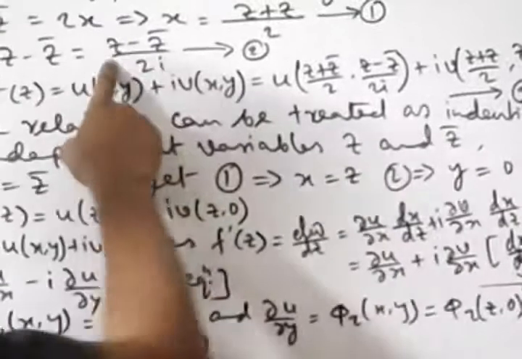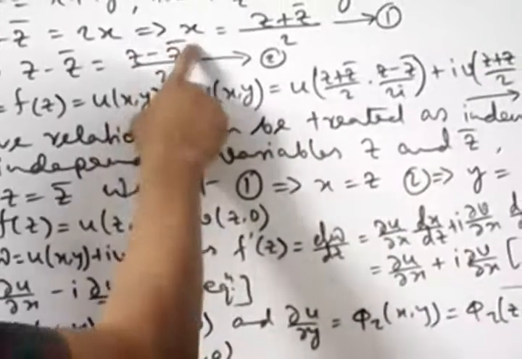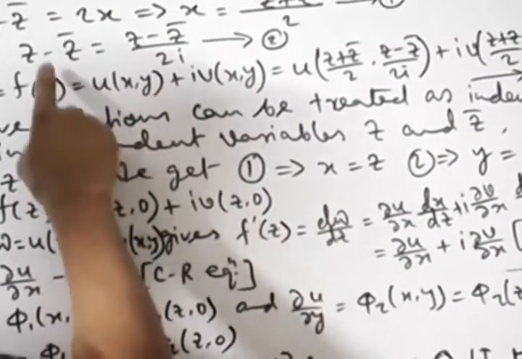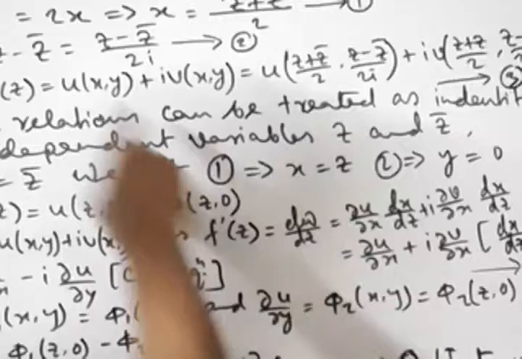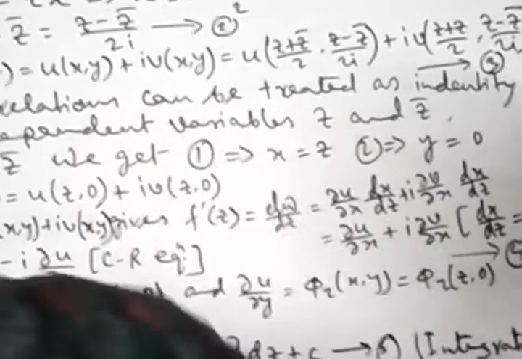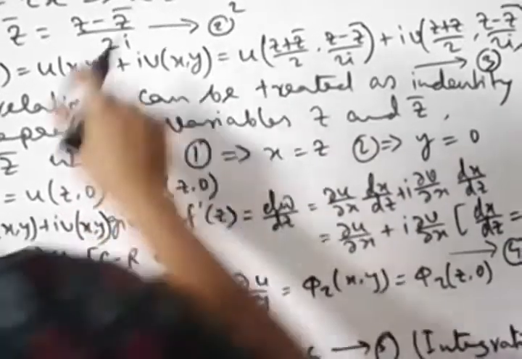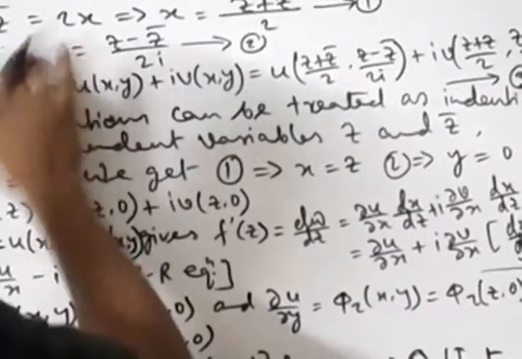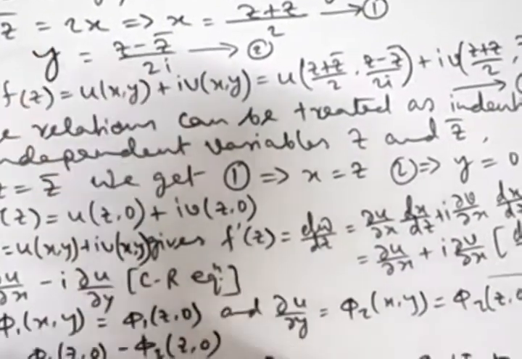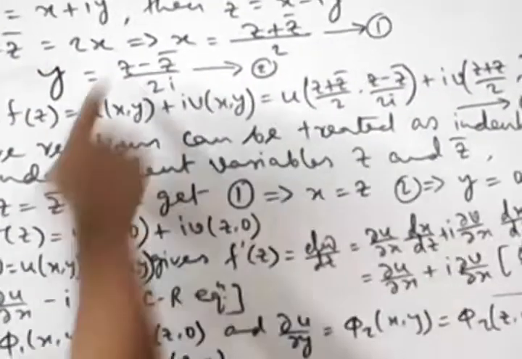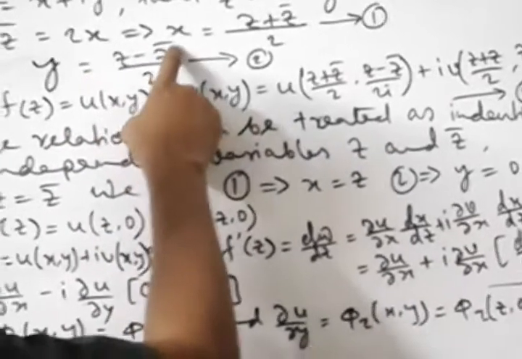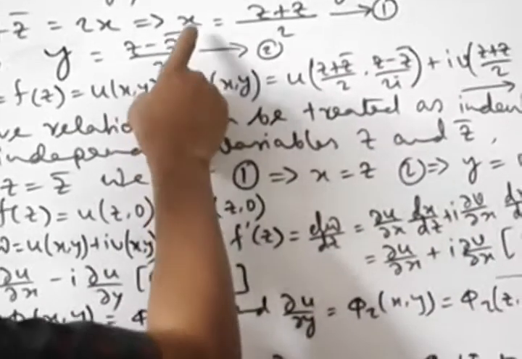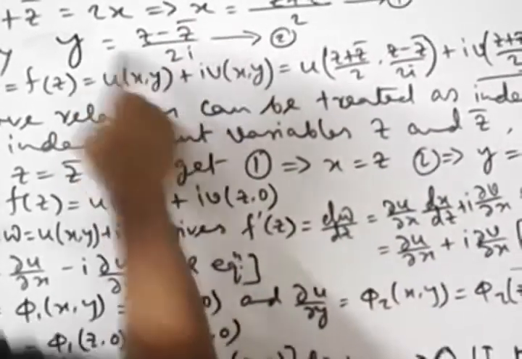If we put z bar is equal to z here, then this should be y. So y is (z minus z bar) divided by 2i. If we put z bar is equal to z, then y becomes 0. Okay.